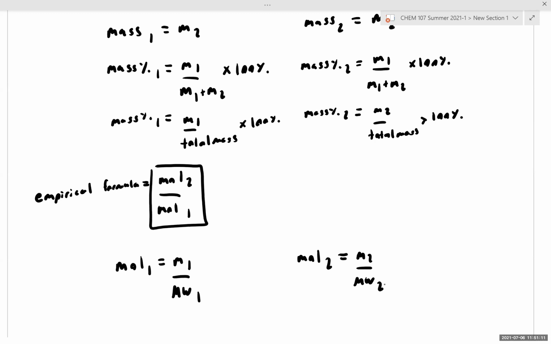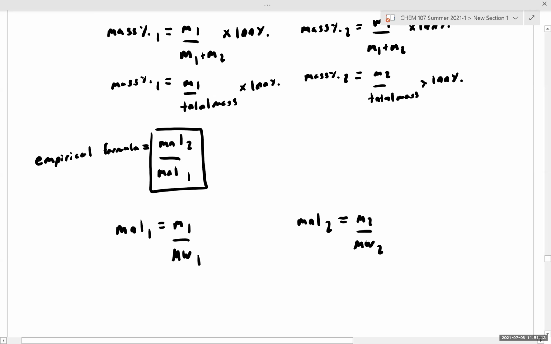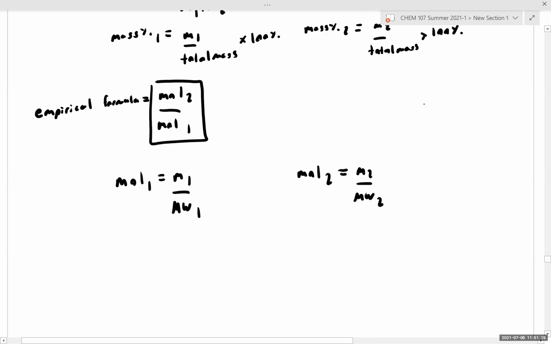Yes. Now, you could, of course, go through these empirical formula calculations stepwise, right? If we want to calculate the moles, we need the mass, and we can calculate the mass by taking the mass percentage. So let's show how we calculate the mass.